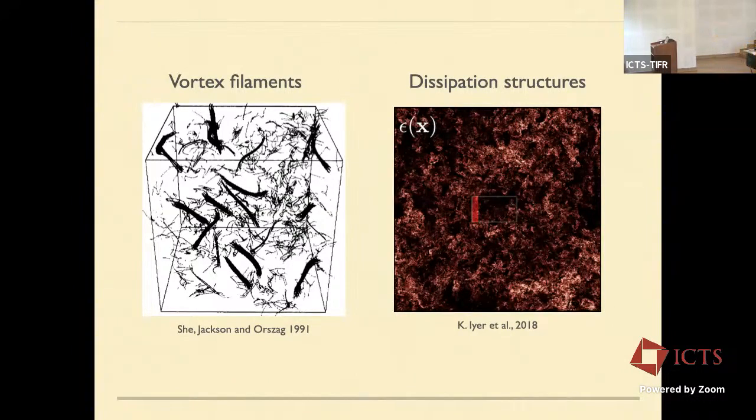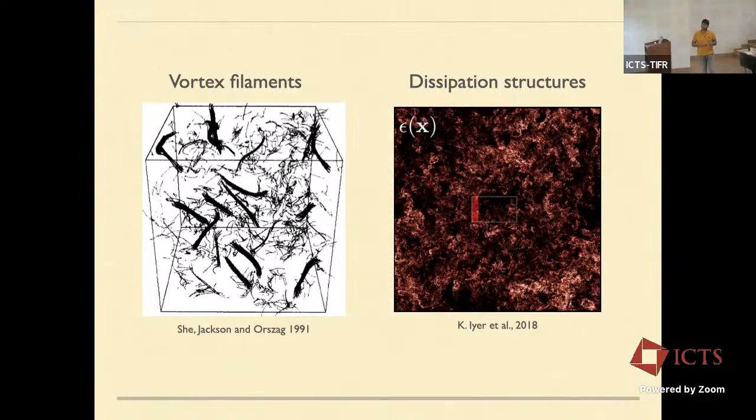You also have to look at temporal resolutions. You have to also resolve the smallest length scales and the smallest time scales in the system. So by doing all that, we see that 3-dimensional turbulence leads to the formation of very small filamental structures. Right? So these are vortex filaments.